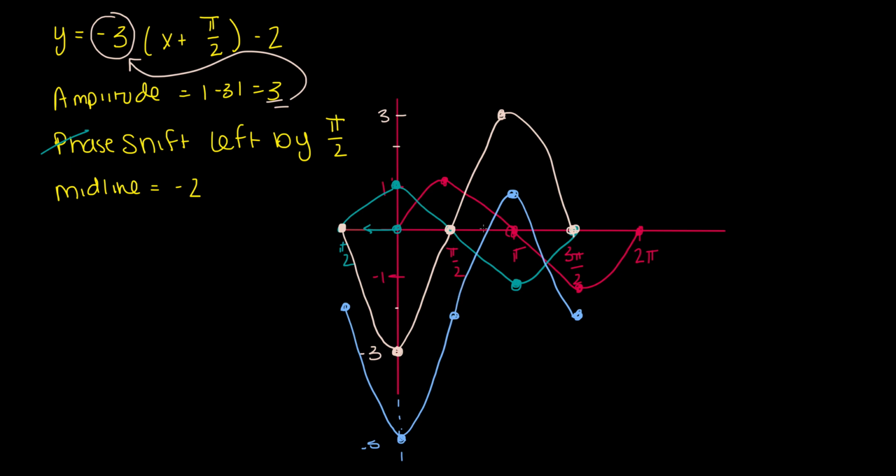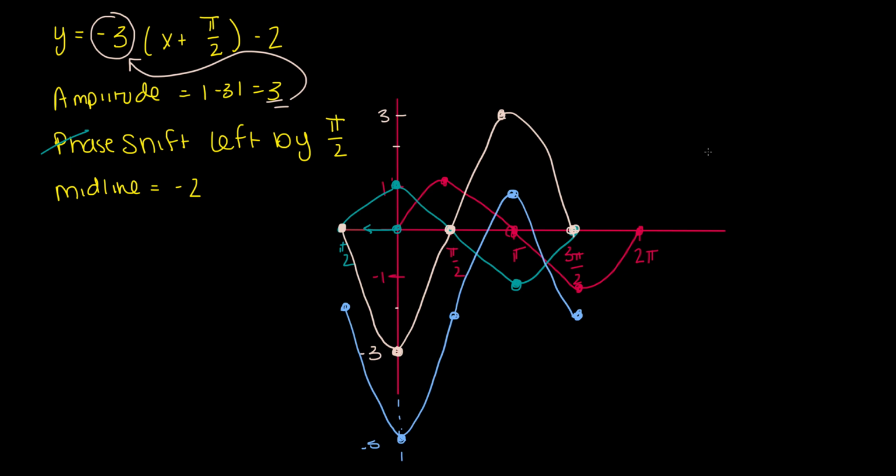The sine graph starts here, goes up, down, and then up. So it could look like a sine graph moved over this way, but it's a reflected sine graph at -3.